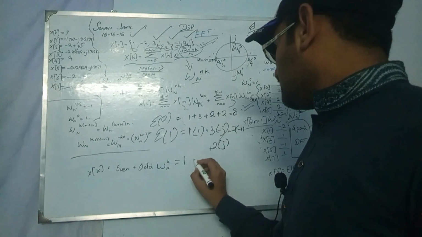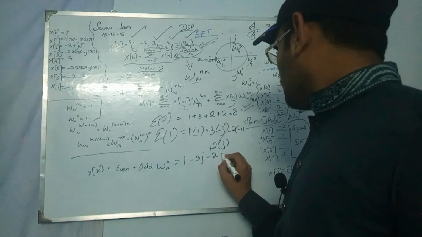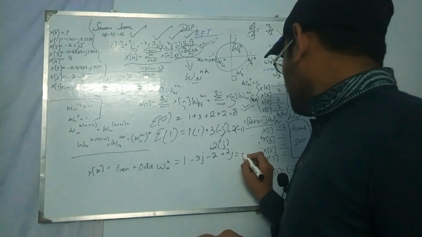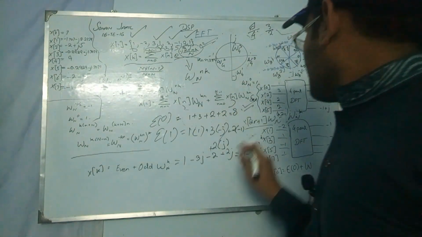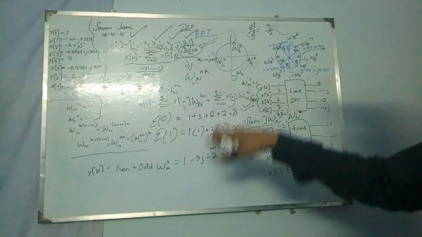What will be the answer? 1 minus 3j minus 2 plus 2j. The final answer will be minus 1 minus j. As I've written all the answers, just calculate in this way.